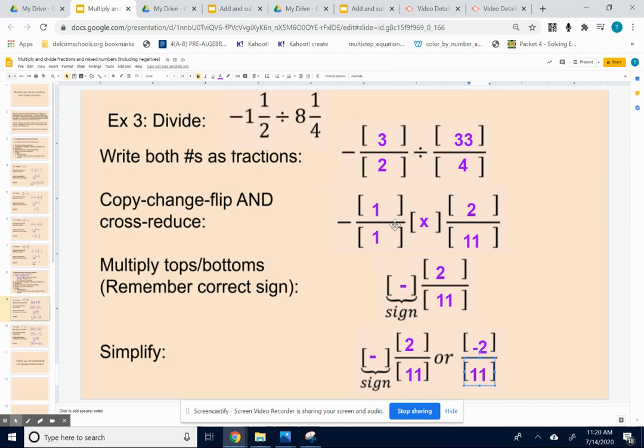But then we cross-reduced, so you can't really tell what we started with, so rewind the video if you need to. Then we multiplied the tops, multiplied the bottoms, and made sure the sign was correct, and we really couldn't do much with reducing or simplifying. Keep me posted. Try the next one more on your own.